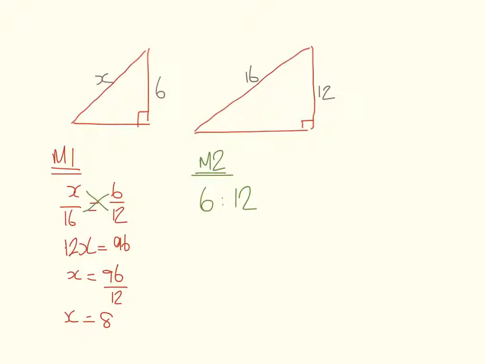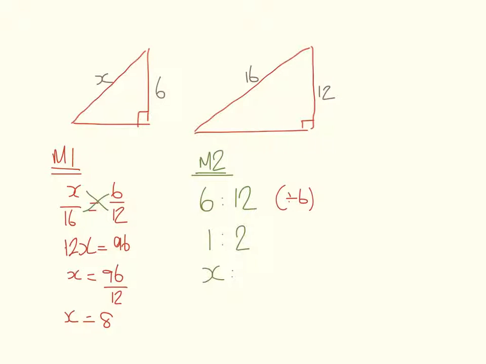If I divide everything by 6, it's going to be a 1 to 2 ratio, which basically means that my bigger triangle is double the size of my smaller triangle. Let's put it into perspective.